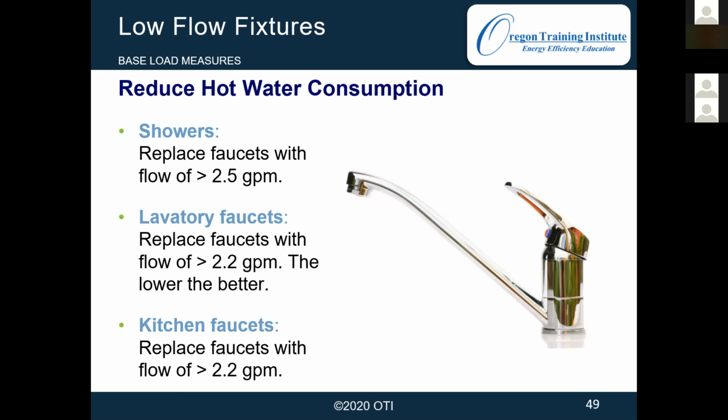It's not like those old style ones where it's like a mist coming out and you can't even use it. These are adding the air to it to maintain the same amount of volume, so you can get seemingly the same amount of water, while still reaping the savings from using less.